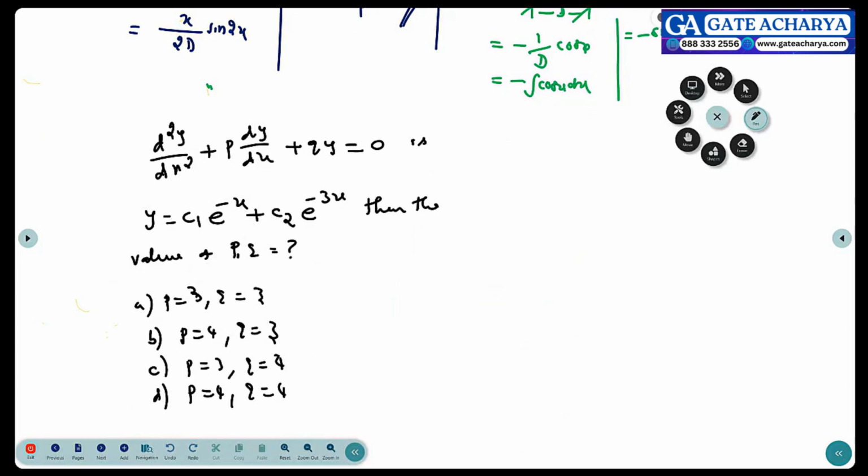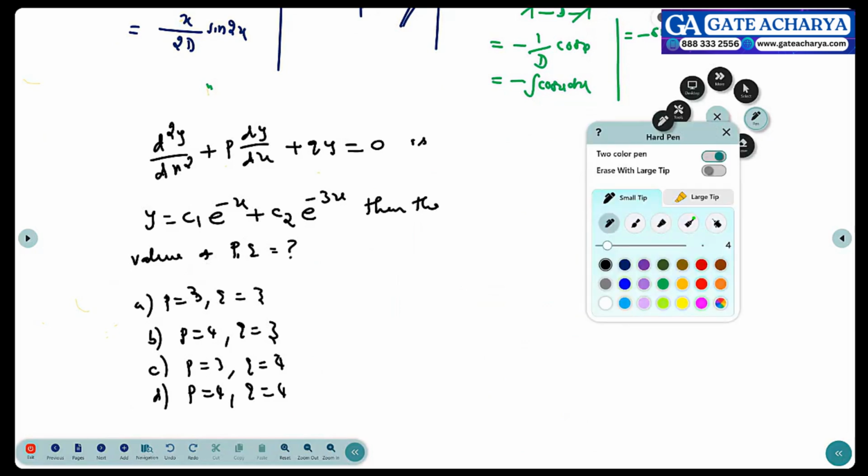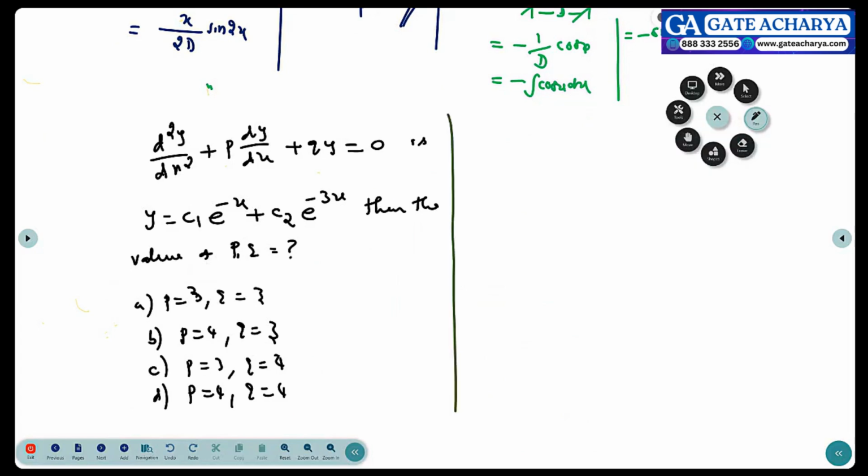It's a great question. A second order differential equation is there and its solution is also given. If it is a solution of the given differential equation, what is the value of p and q? Among these four, which one is correct? This is a second order linear differential equation with constant coefficients.